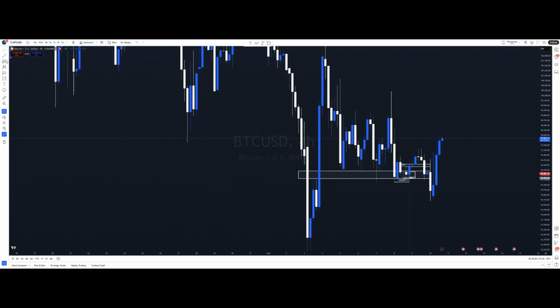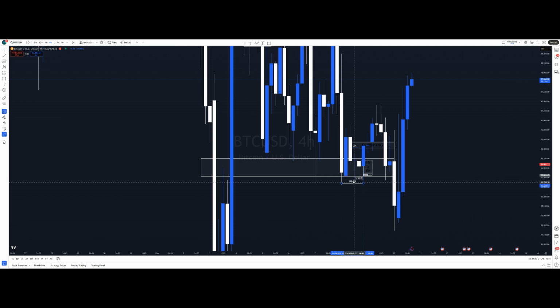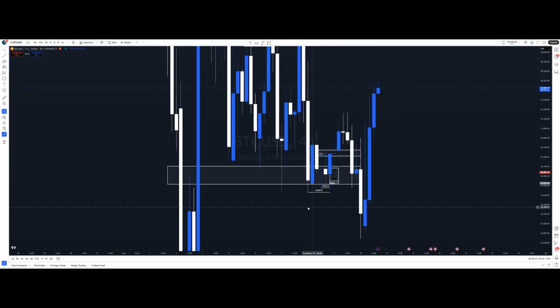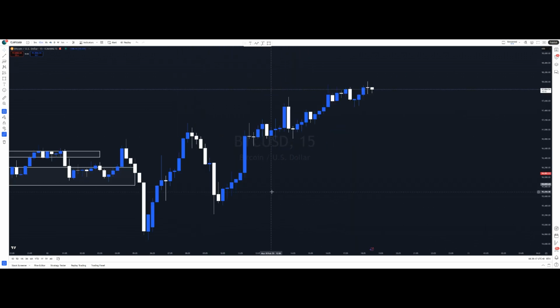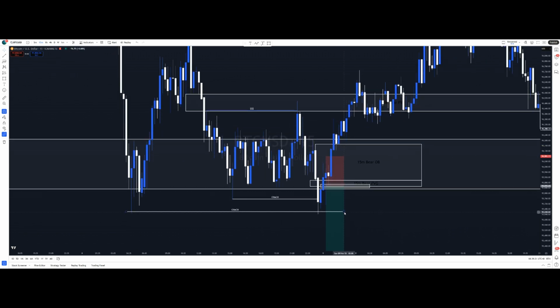You can see price swept buy side, and here at the bottom, price swept sell side. So it's just a sweep. Price just came down to sweep this liquidity before going all the way up. So it's just doing its job of sweeping.